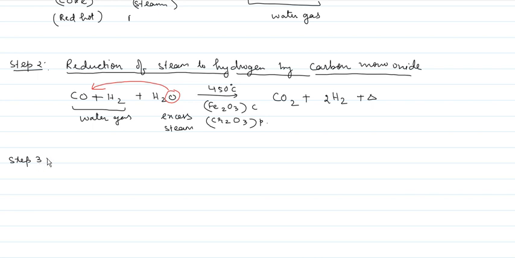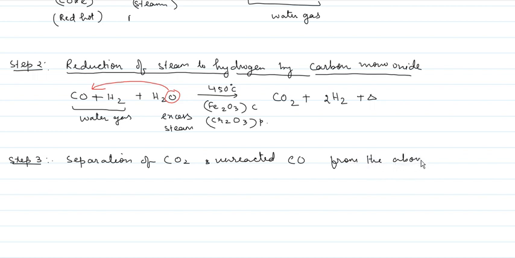Next we will see step 3. So in step 3 what happened? We have to separate the carbon dioxide and unreacted carbon monoxide from the above mixture, because you see carbon dioxide and hydrogen is mixed.